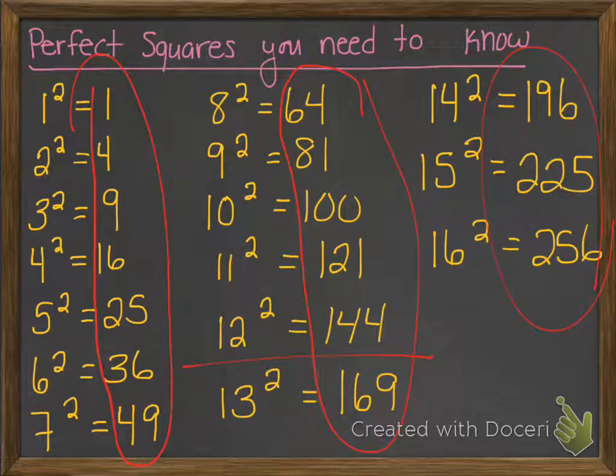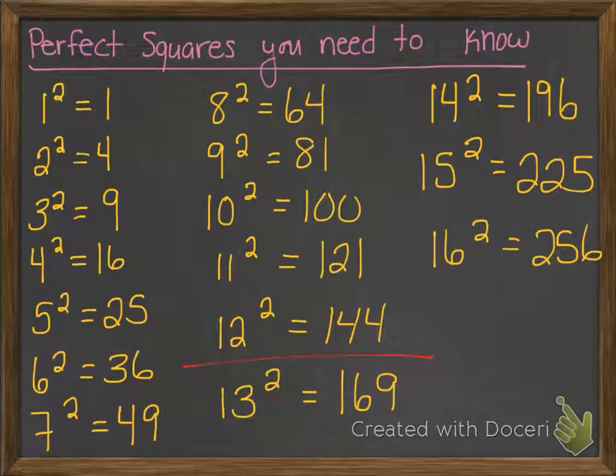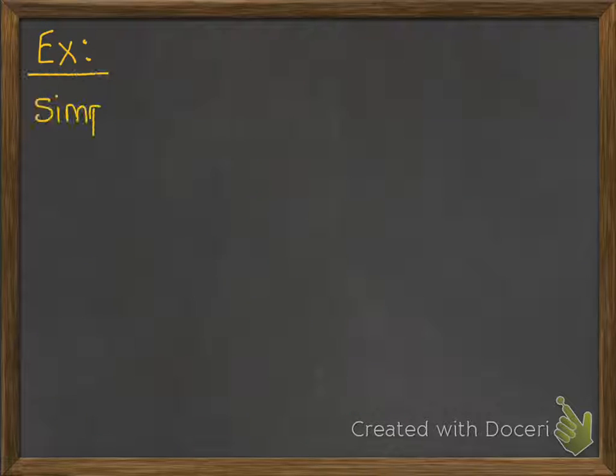So those numbers that are on the right side of your equal sign are your perfect squares. I know when I was in 5th grade, we had to know up to 12 squared, or 12 times 12. But make sure you got all of these because you're going to be looking for these numbers in much bigger numbers, if that makes any sense at all. So make sure you got these down, and then we'll try an example.